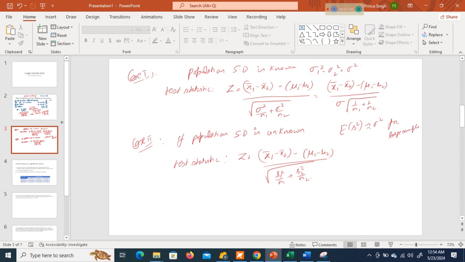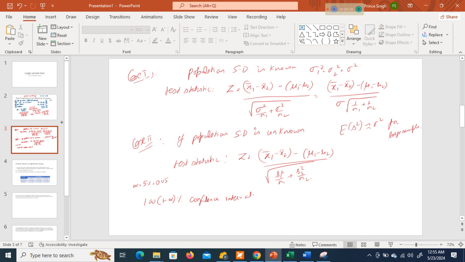Another important thing is that sometimes the question is about a confidence interval. If the question asks for a 100 times (1 minus alpha) percent confidence interval, for example alpha is 5%, which means 0.05, so 0.95 times 100 is 95%.